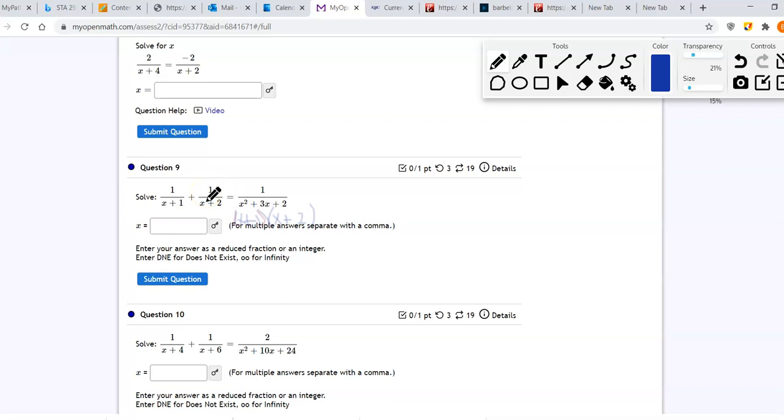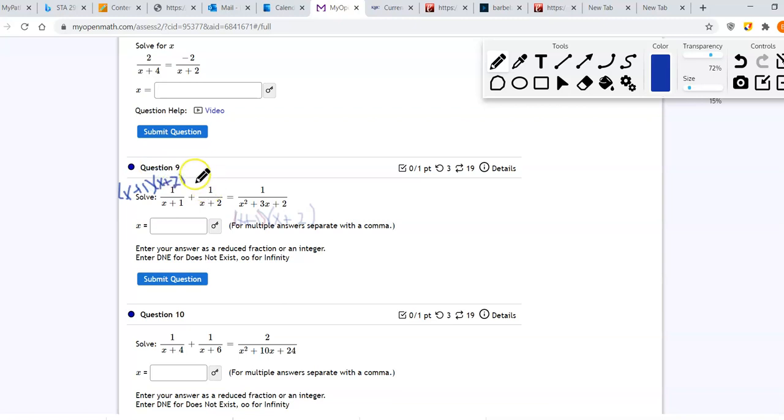And it's going to turn out the majority of the time that at least one of your factors is going to be over here in the other denominators. So this factors as x plus 1, x plus 2. Let's multiply through by that denominator. I'm going to multiply this first fraction by x plus 1, x plus 2. I know this doesn't look real clean on here.